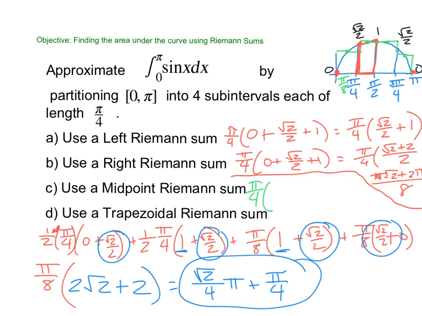I have no idea what sine of pi over 8 is. Sine pi over 8 plus, and then what would that be? So we're adding pi over 8, so that would be 3 pi over 8. All right, 3 pi over 8, 5 pi over 8, and 7 pi over 8.